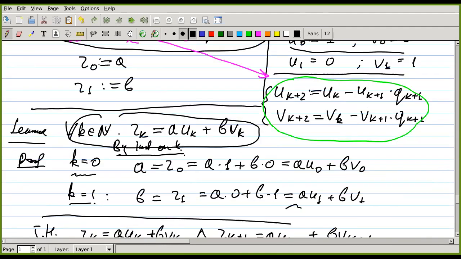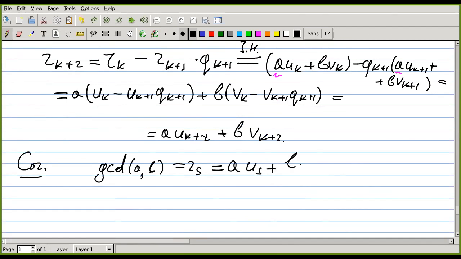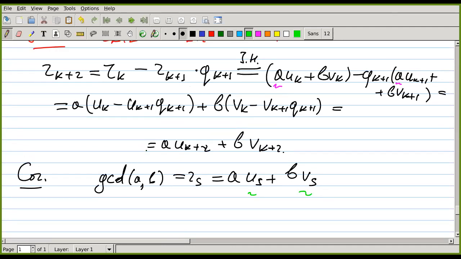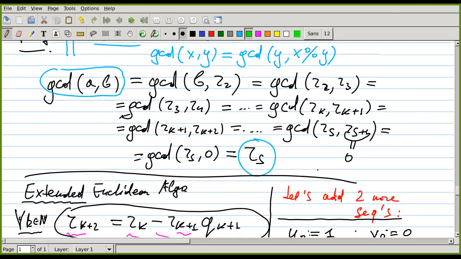So as a corollary, one obtains that the greatest common divisor of A and B, which is just RS, equals A US plus B VS. So in order to get such numbers U and V, so that AU plus BV equals the greatest common divisor, it is enough to compute U number S and V number S in this sequence.